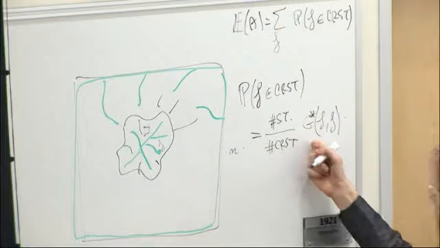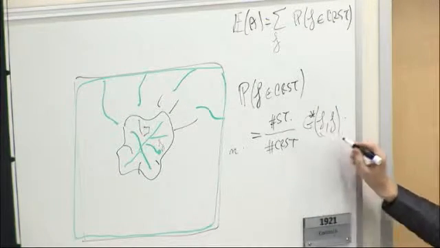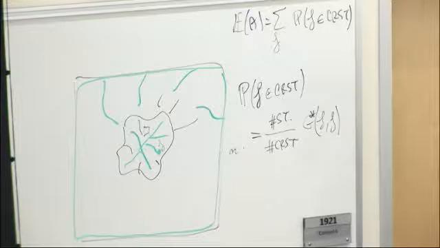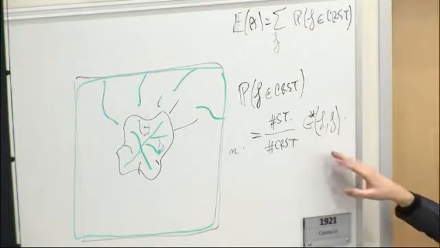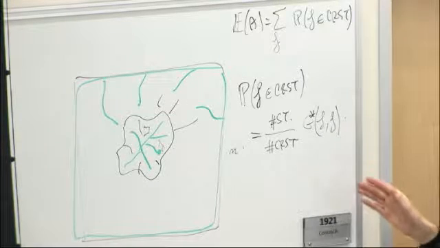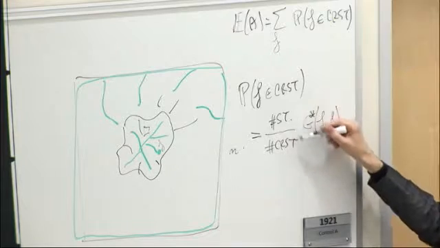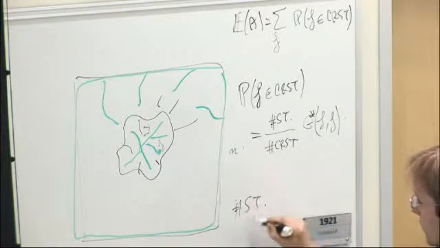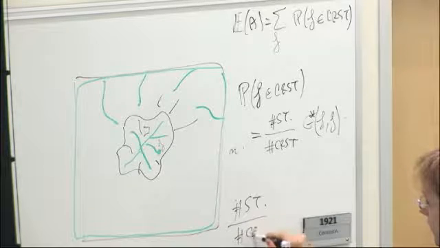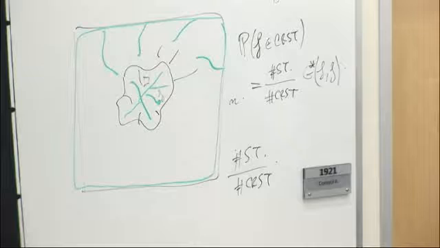So now, basically, what is the asymptotics of this? Well, this Green's function evaluated at the same point for almost all faces will be something like 1/2 pi log n. Now, this ratio, the number of spanning trees divided by the number of cycle-rooted spanning trees, is actually related to the expected length of the cycle-rooted spanning tree.